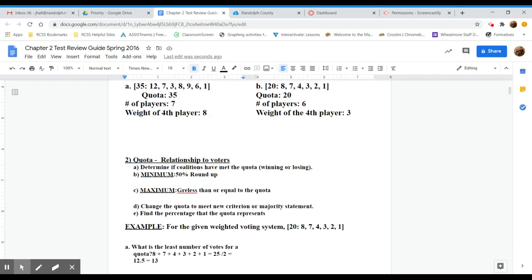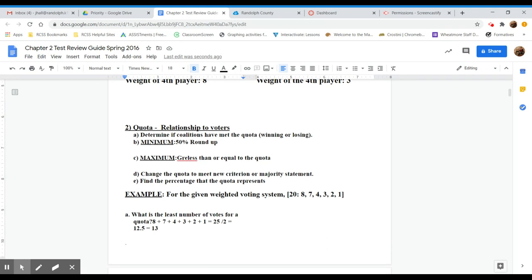Number two, we've got quota, and we're talking about the quota and how it relates to the voters. So the quota determines if a coalition has met the quota, if it's winning or losing. The minimum is going to be 50% and then round up. The maximum is going to be less than or equal to the quota.